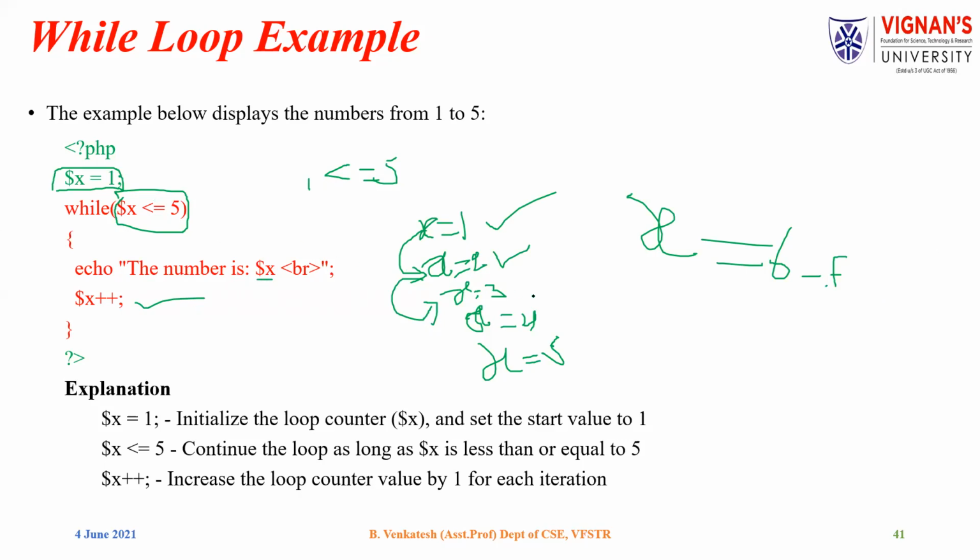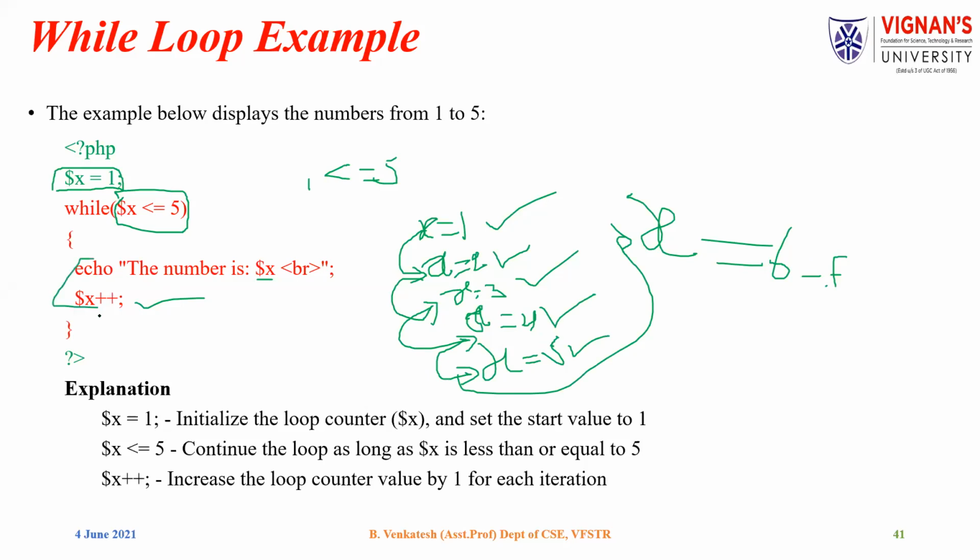The condition is true, so the number is 3 is printed. Then x is incremented to 4, the condition is true, it is printed. 5, the condition is true, printed. After incrementing from 5, the x value is 6.